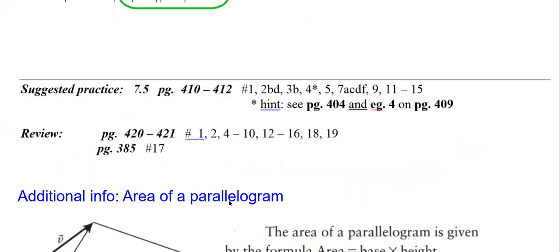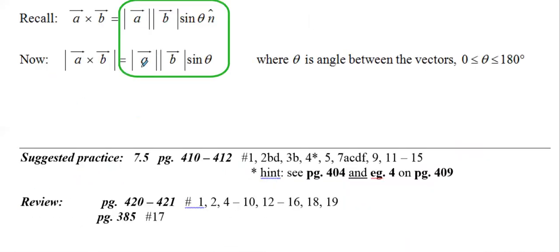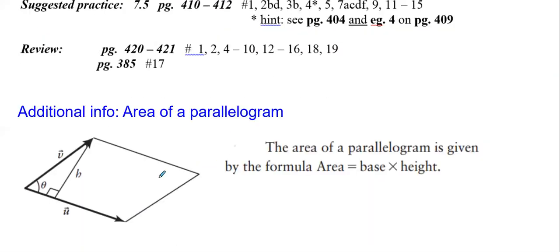Okay, so just to take a look at that. The area of the parallelogram would be magnitude of A times the magnitude of B sine of theta. How does that come about? Well, if you remember, the area formula for a parallelogram is base times height. Well, the base would be the U, so the magnitude of U, but we need this height. To get that height, we use a sine ratio in this right angle triangle because it's the opposite over the hypotenuse.